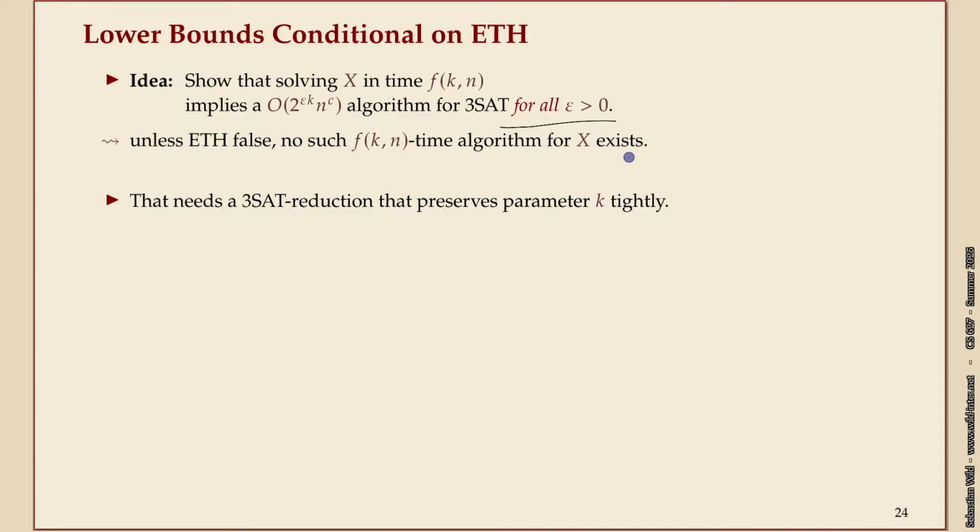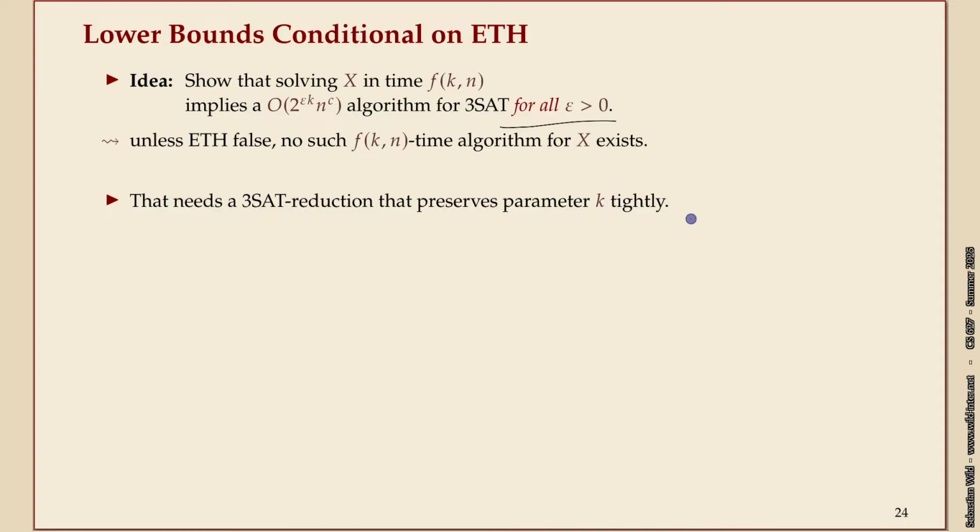But the statement here is deliberately vague. It doesn't say how this algorithm explicitly looks like. In particular, it will not be like a usual Karp reduction where we take an input and produce one output, and then that's what we run this alleged algorithm on. And it will need many calls to this algorithm for the problem. Okay.